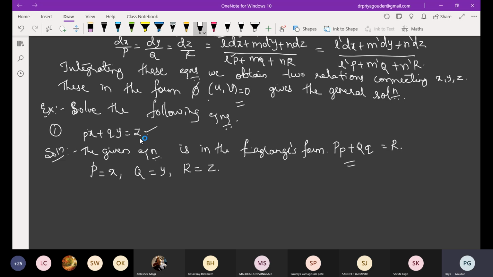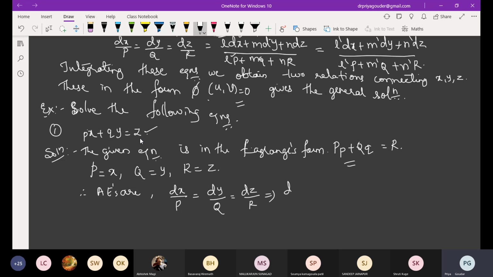So leaving small p and q, take them as capital P and capital Q. What is to be written as the next step? You should write the auxiliary equations. Can anybody tell me the standard format? dx upon P equal to dy upon Q equal to dz upon R. Am I right?